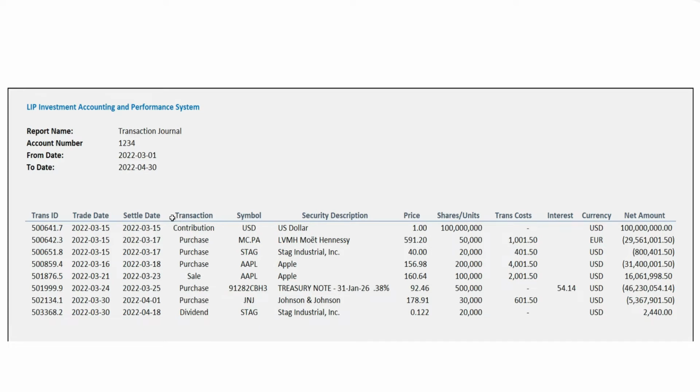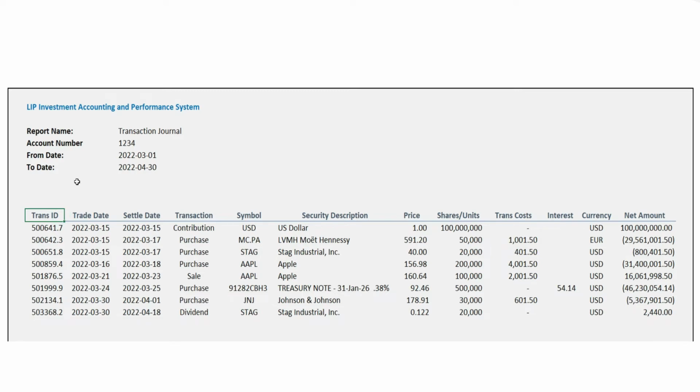Well, the first one is a transaction ID. So why do you think there are transaction IDs created for each transaction here? Why do you think we have that? Well, in order to refer to a specific transaction, rather than have to describe it, wouldn't it be helpful to have just an ID, a numeric ID, to refer to a specific transaction?